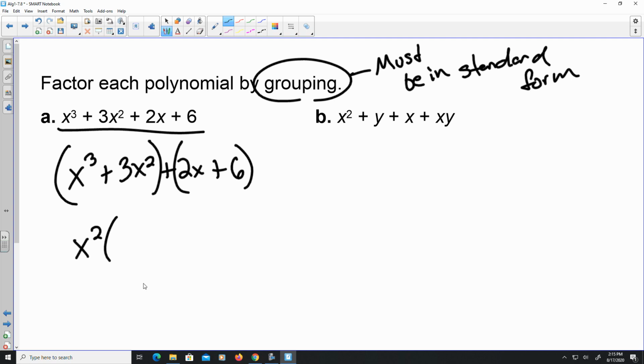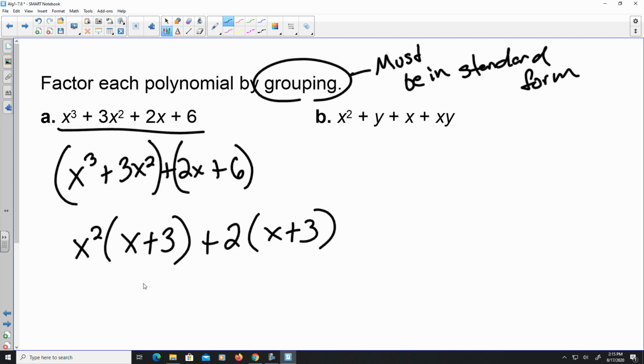What's left over is x plus 3. I have the plus here, so I'm going to write the plus in there. Looking at 2x plus 6, I can factor out a 2. And what's left over is x plus 3.